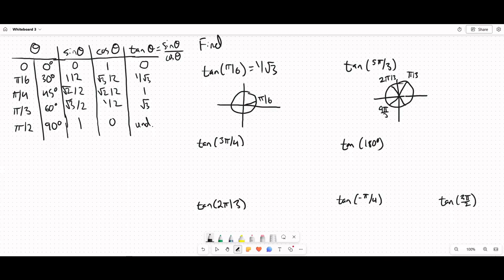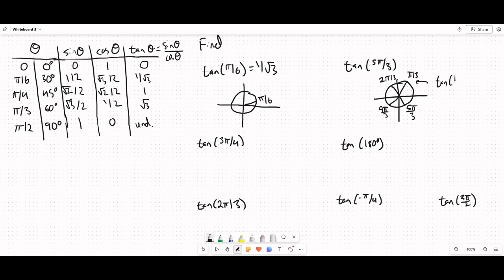We have 5 pi over 3 here. This is a pretty nice way to remember it. There's a more official way to find where that's going to be, and we'll talk about that later. So, anyhow, we have tangent of 5 pi over 3. What's that going to be? Well, I know that tangent of pi over 3 is square root of 3.